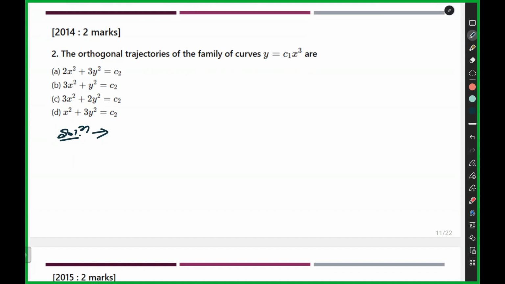Option D, sir. Okay. Any other option? I get one response as D. Any other option as answer?